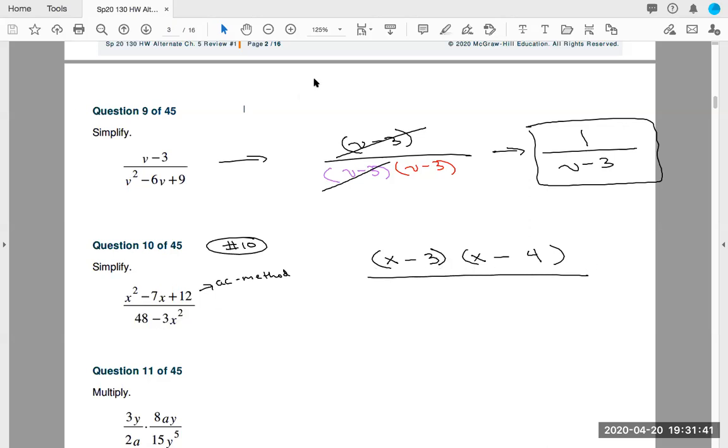Now, when we're trying to factor the denominator, you can see that we have 48 and 3. It's going to have a GCF of 3 between them. If you already have a GCF that you can factor out of your polynomial, do that.